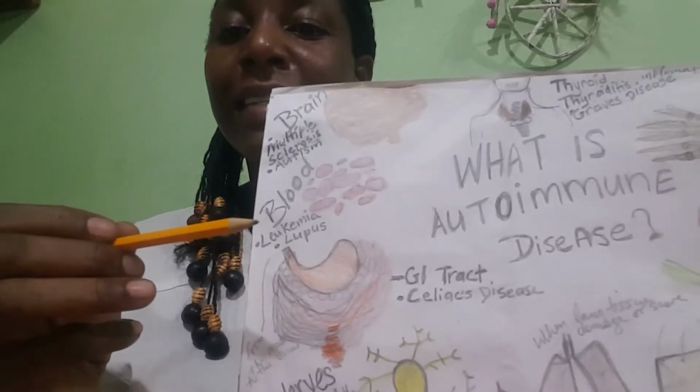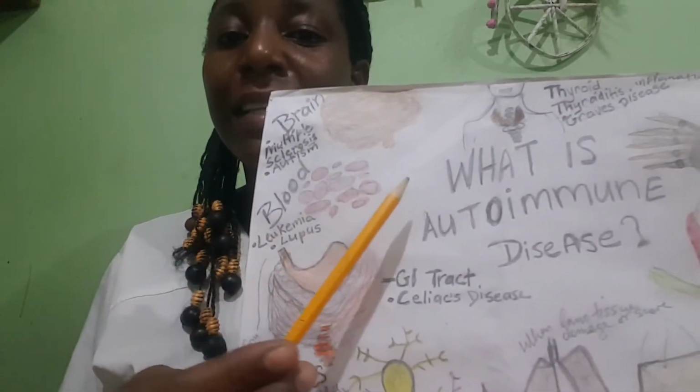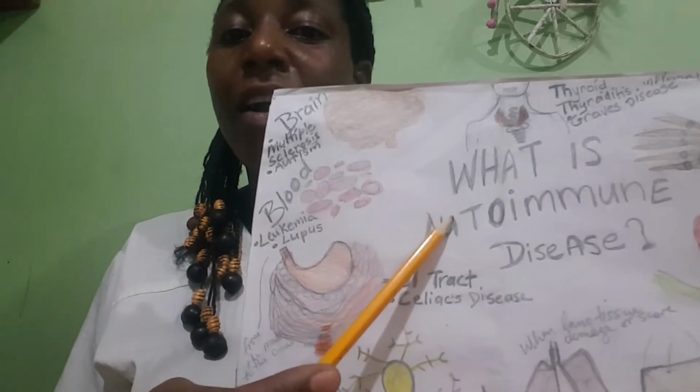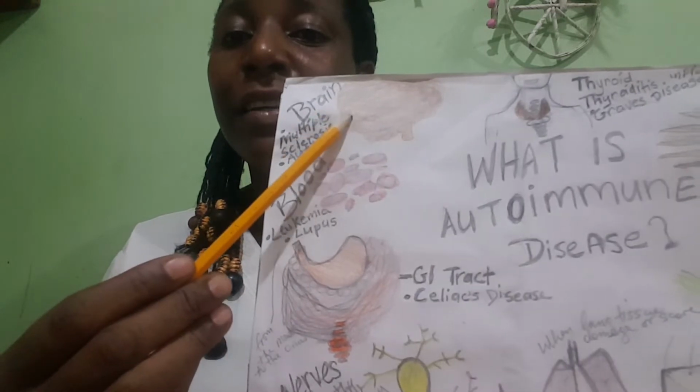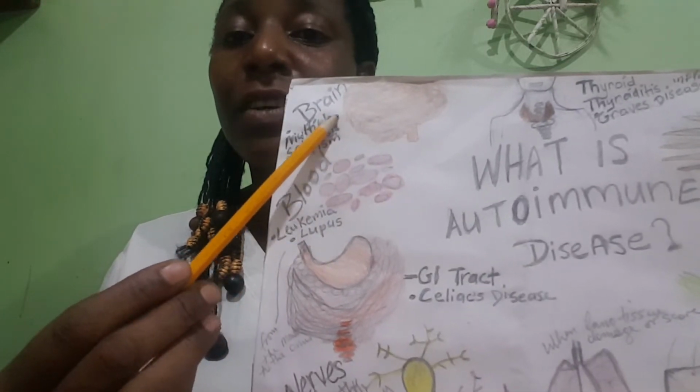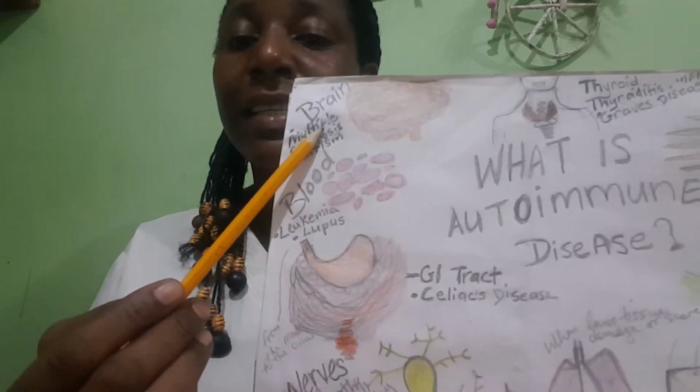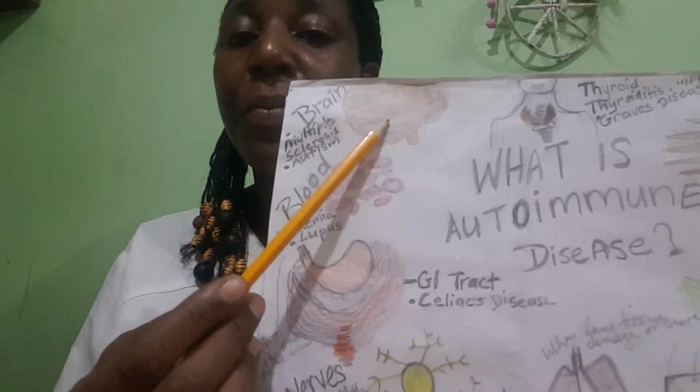Guys, here's a diagram stating what is autoimmune disease. And here is where the autoimmune disease destroys your brain.